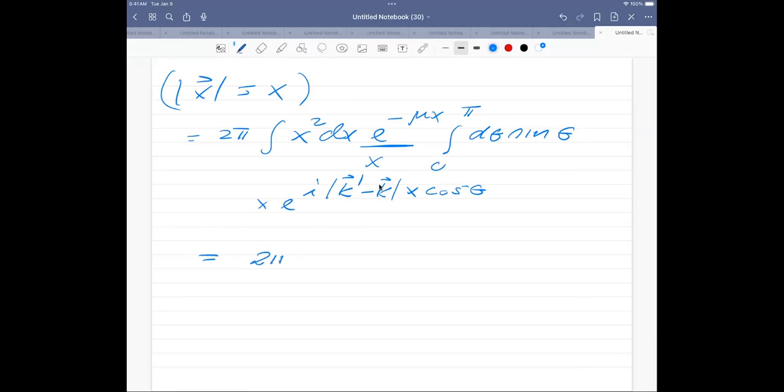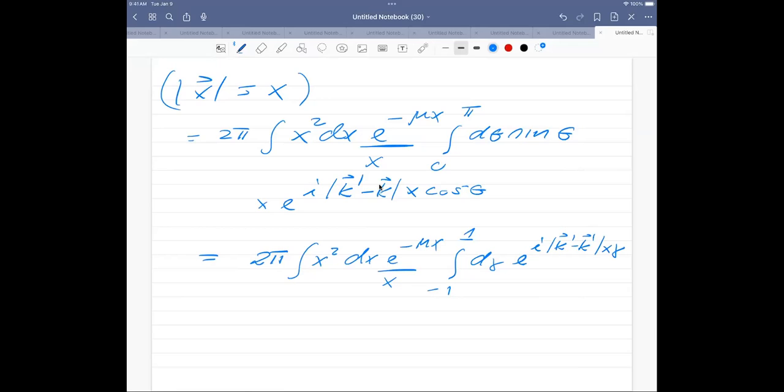So you get 2π x squared dx e^{−μx} divided by x, and then I can integrate from −1 to +1. I'm making a change of variables, because I know that cosine θ is the derivative of sine and vice versa, except for a sign. Then I can rewrite it as an integral from −1 to +1 instead of 0 to π, with e^{i(k'−k)x y}.